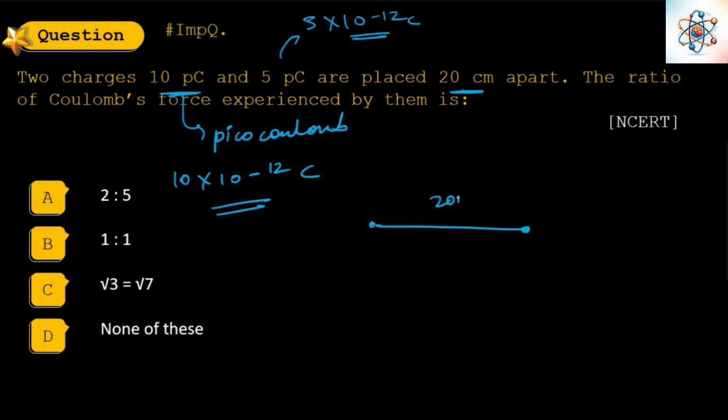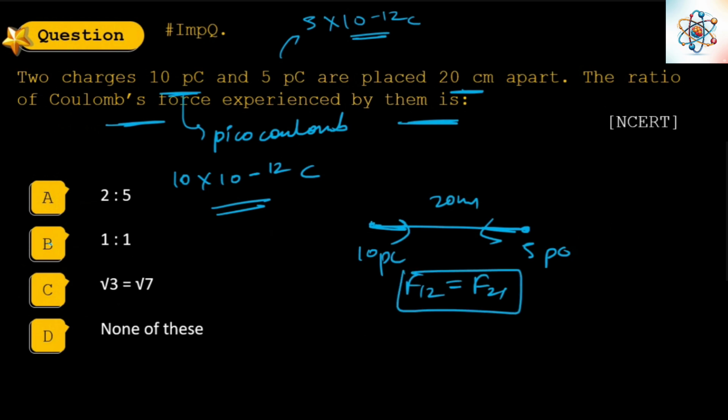The ratio of Coulomb's force experienced by them is? We have just seen that whatever force is applied by this charge and whatever force is applied by this charge, this is always equal. So the ratio would always be 1:1. Understand?